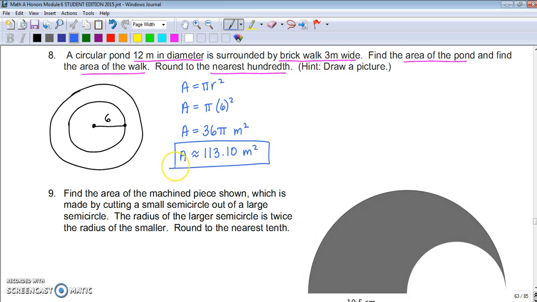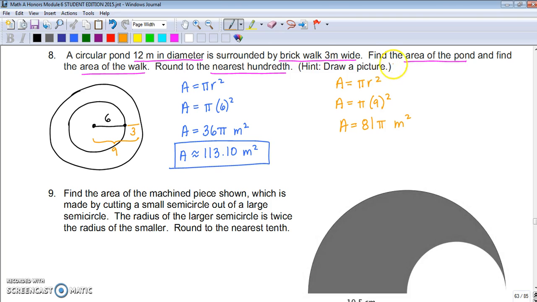Next, they want me to find the area of the walk. I know that this, it tells me, is 3. And so that tells me that this whole larger circle has a radius of 9. So we'll start by finding the area of the largest circle in the diagram, which is 81 pi meters squared.